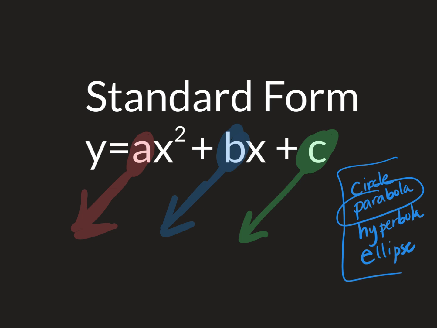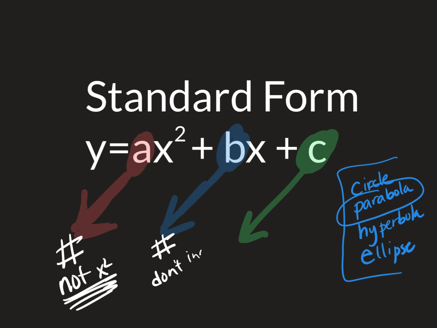So this is a number. Oops, I don't want to do that in red, so sorry. This is a number, not x squared. Don't include x squared in naming A, B, and C. For the B value, B is a number. Don't include x.